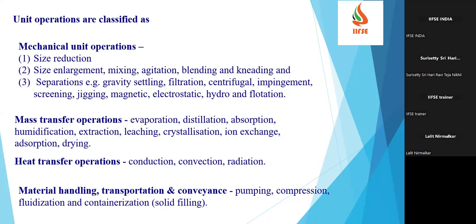If you see heat transfer operations, we have conduction, convection, and radiation. What is meant by conduction? Conduction is the direct transfer of heat between molecules. Like if you take an iron rod and heat it from one side, automatically the other portion will also get heated.